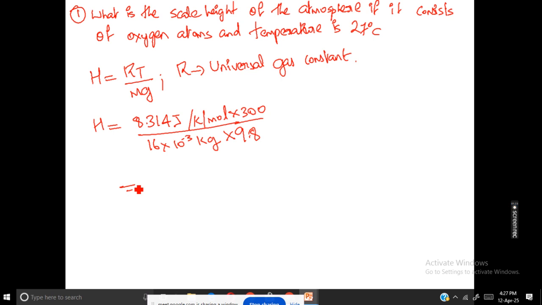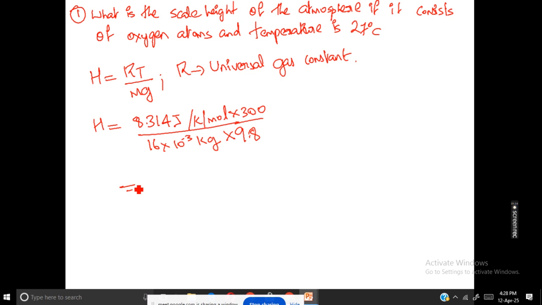So the answer will be 8.314 into 300 divided by 16 into 10 raised to minus 3 into 9.8.